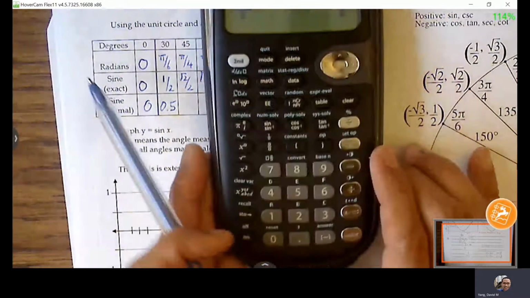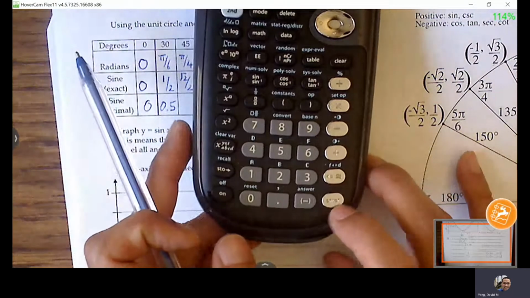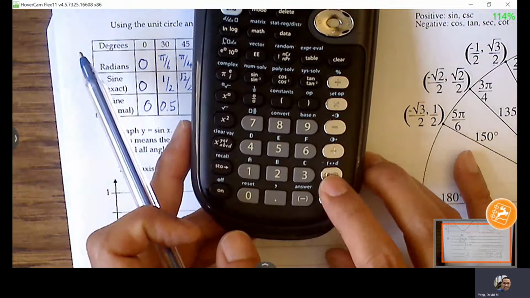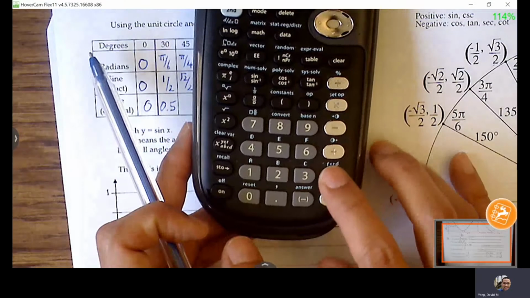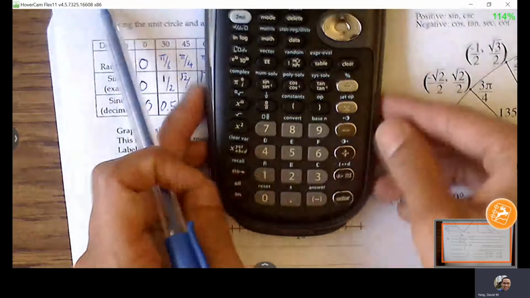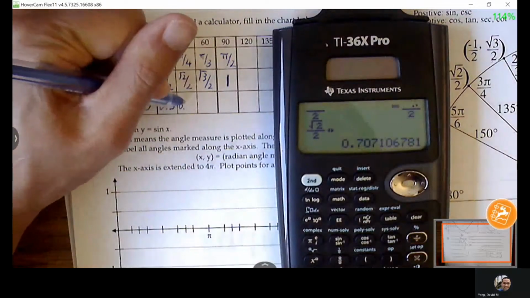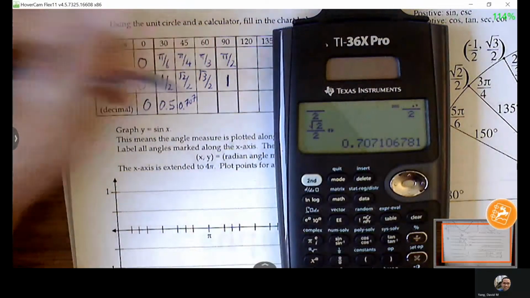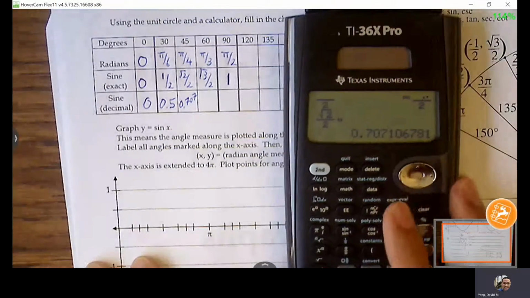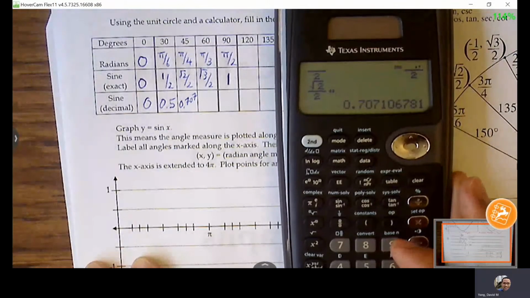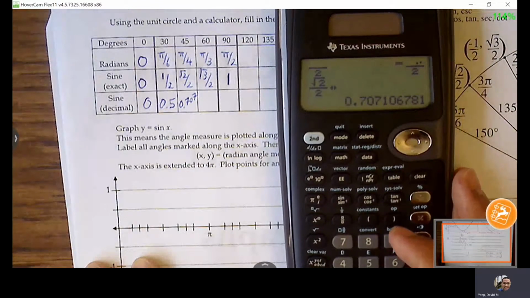What you can do, though, is go to the bottom. Right above that enter button, there's that fractional decimal button. If you hit that button, it'll give you a decimal value. Okay, so 0.707 is the decimal equivalent of root 2 over 2.